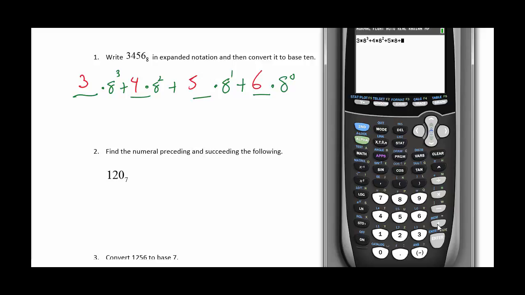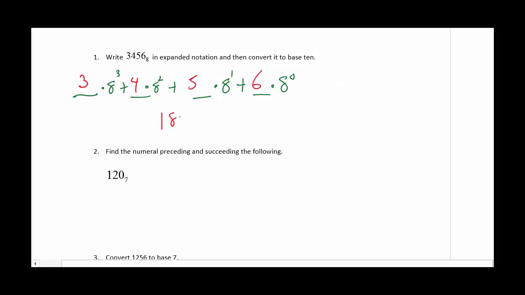And then 6 times 8 to the 0. Now 8 to the 0, that's just 1. So in expanded form then, this number is 1,838 in base 10. And so both pieces are necessary for the answer. You need the expanded form, and you need what that actually is in base 10.